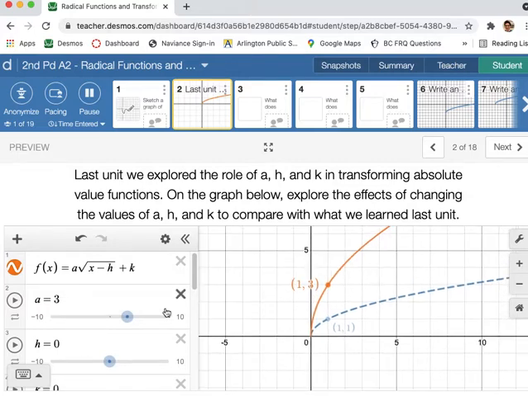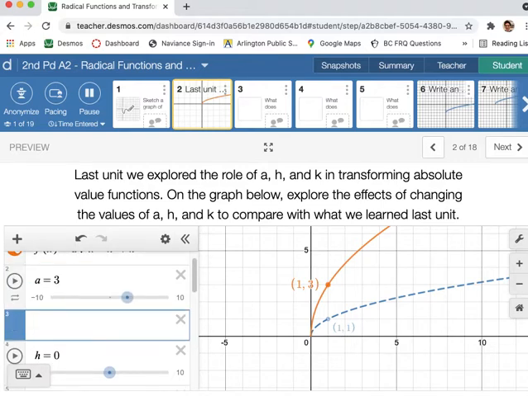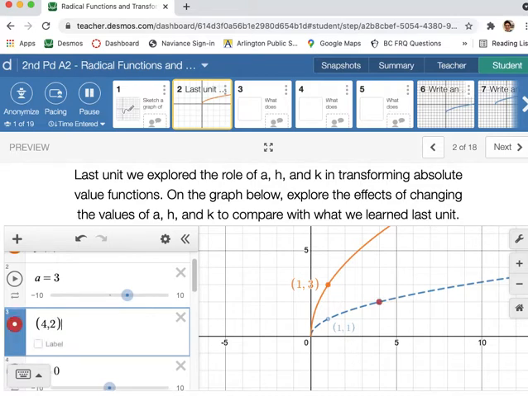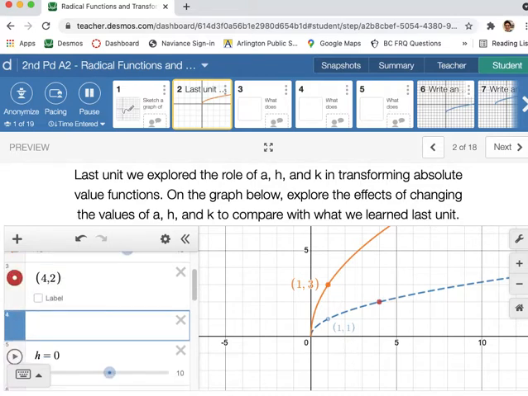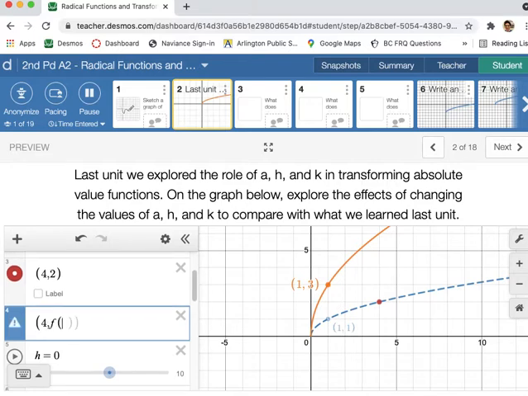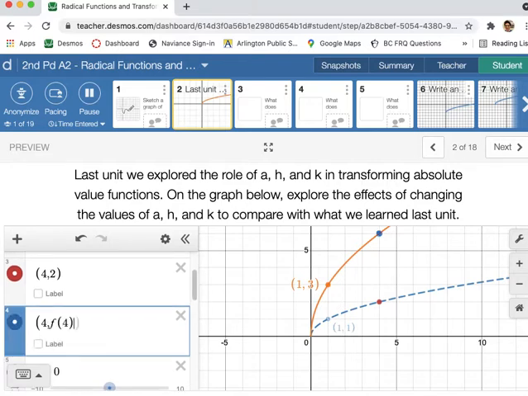We can compare it to another point on the parent function. We go through the point 4, 2. On our new function, when x is 4, we can see that the point up there is 6.